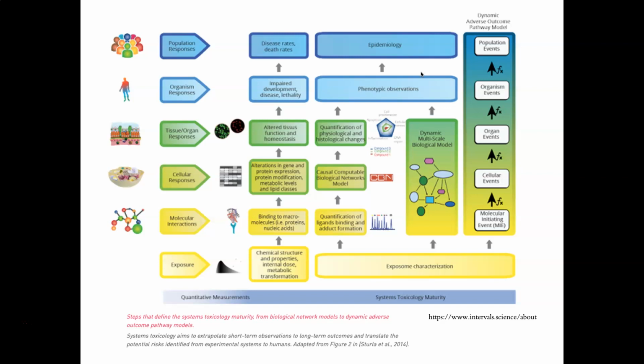Look at epidemiology, phenotypic observations, quantification of physiological and histological changes, causal computable biological network models, quantification of ligands, bindings, and adduct formation, and then population events, organism events, organ events, cellular events, and molecular initiating events. All of that goes into systems toxicology.